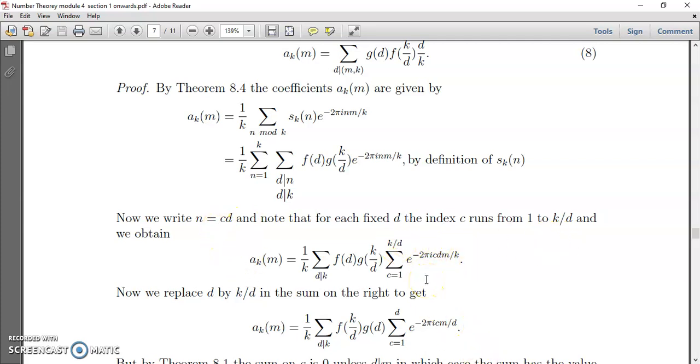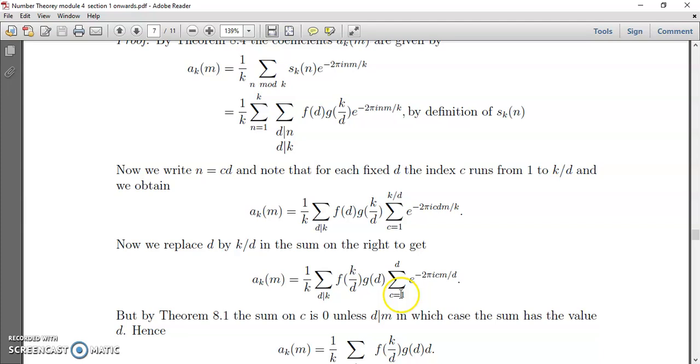Now if we replace d by k/d in this sum, we will be getting this. This is always possible because this is a convolution type function, so we can always replace d by k/d and k/d by d. That we can always do.